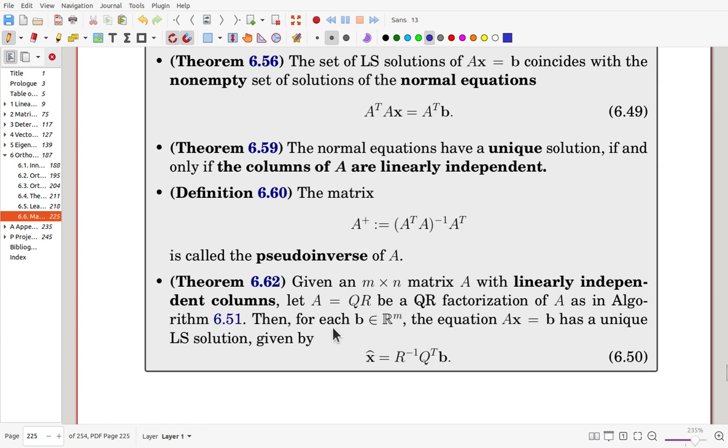Then for every choice of b, the equation Ax = b has a unique least squares solution given by that equation. By using the property Q transpose Q is identity, the pseudo inverse is simplified to get that one. So we reach this conclusion.